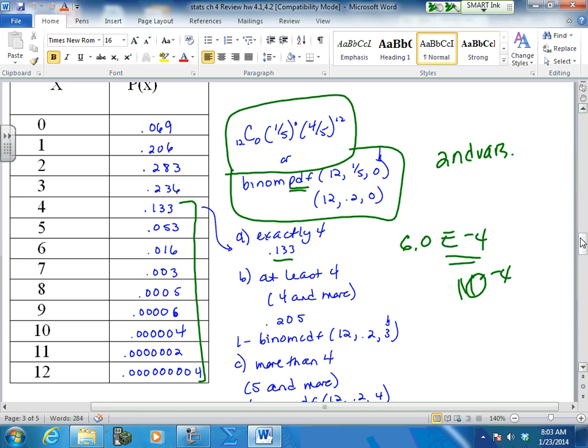Move your decimal 4 places. 1, 2, 3, 4. Fill it with zeros. If you're moving it 4 places, you're adding 1 less, 3 zeros. This is what I want to see on your table. Don't give me the E in there, because what happens is you end up adding the 6, and your probabilities are well over 1. So normally we say 3 decimals, but you have to go out to a significant digit.